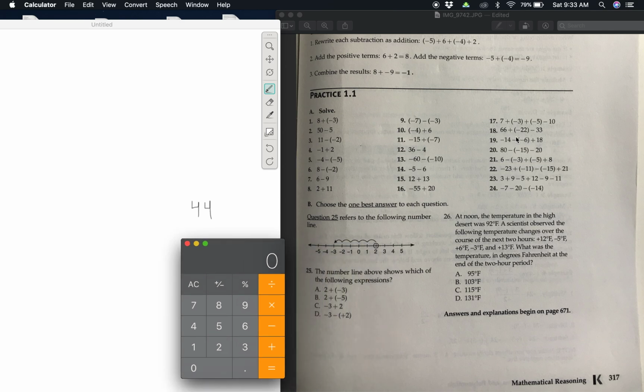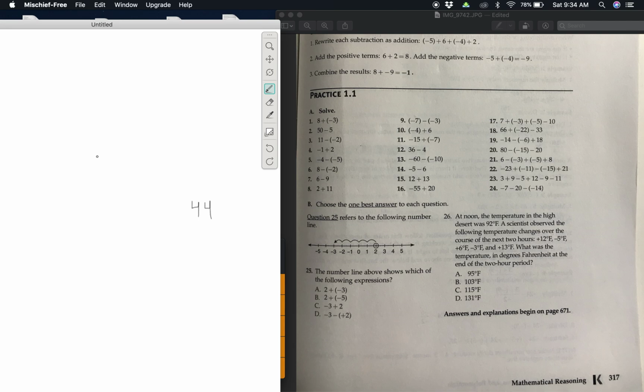Yeah, so negative 14 minus negative 6, we're taking away 14, we're taking away negative 6, or you could say adding a positive 6 to this, okay? That makes it negative 8, then plus 18. So we have to reach 8 to make it 0, because it's a negative 8 right now.